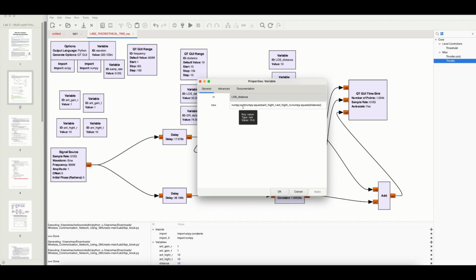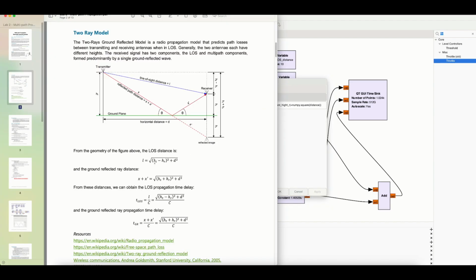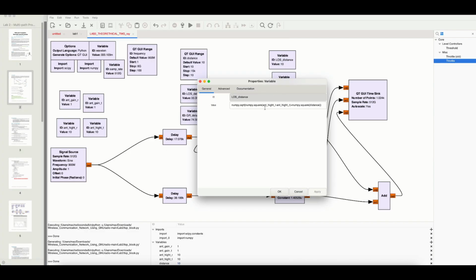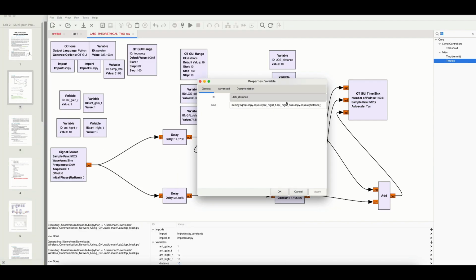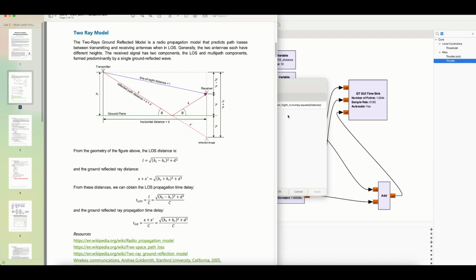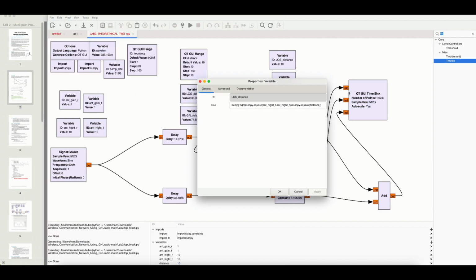From numpy, we're calling a function called square root, and the values being squared are ht minus hr, the transmitter antenna height minus the receiver antenna height, as per the formula. Everything under the root, plus you will have the distance squared.